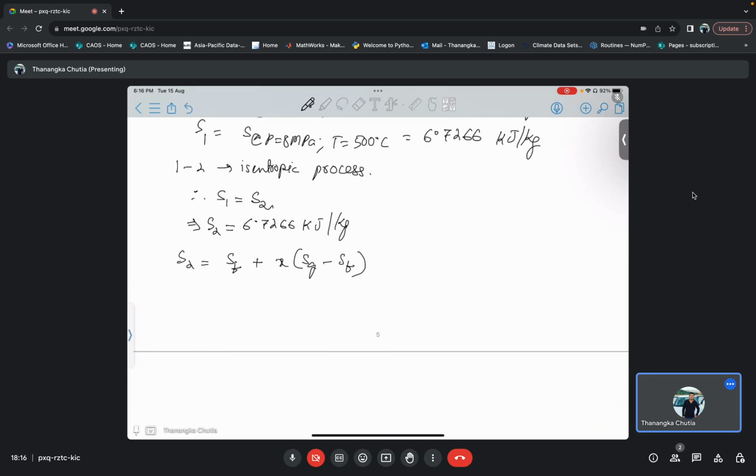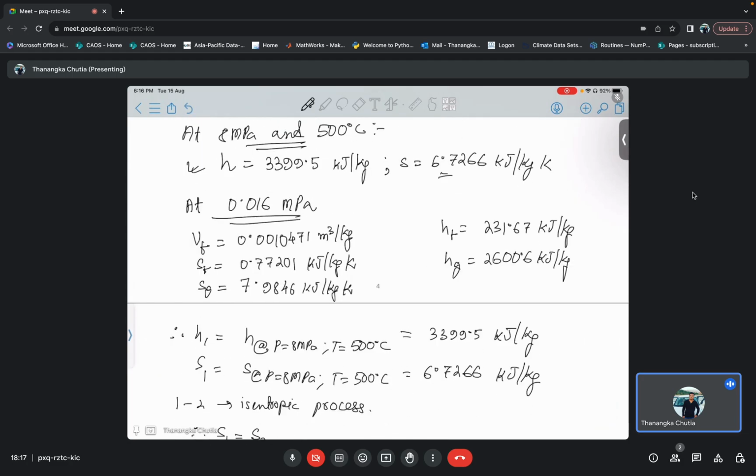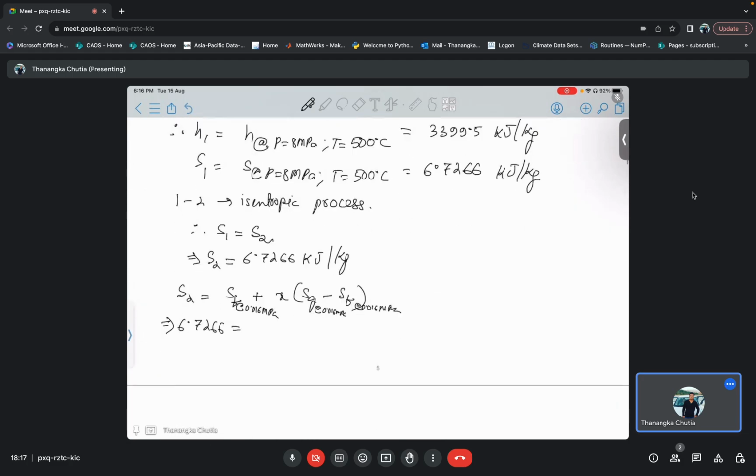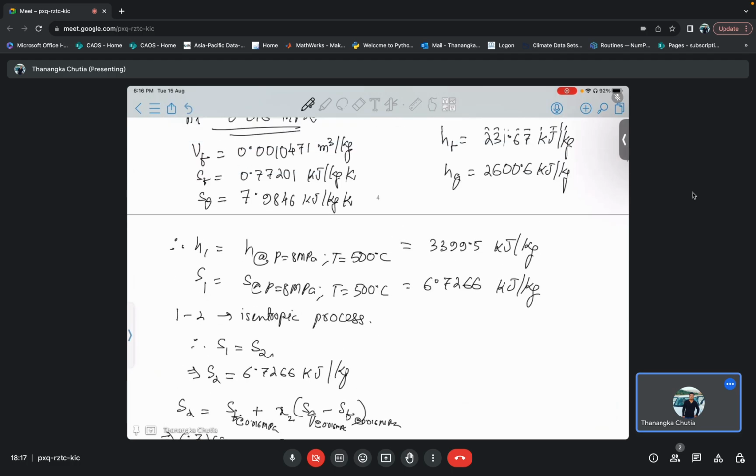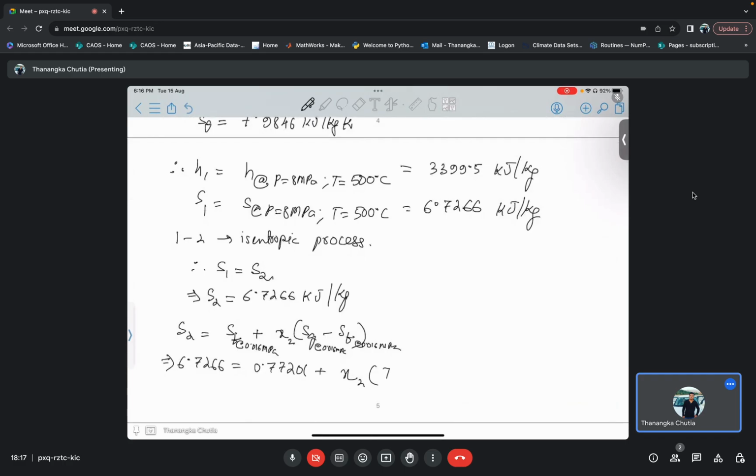So from here 6.7266 is equal to SF at 0.016 megapascal, that is 0.77201, plus X2, which I don't know, times SG, 7.9846, minus 0.77201.